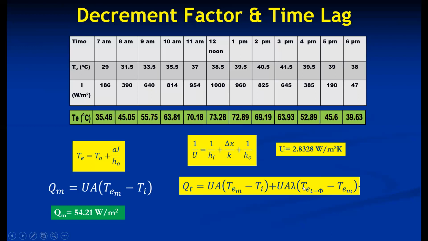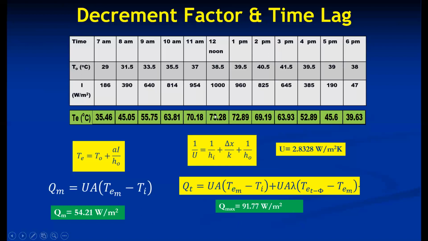If we put the value of T max, that is 73.28, the TM value is known to us, it is given in the statement itself. This value we already obtained, the first term. The lambda value is also given as 0.45. So the maximum rate of heat transfer we can calculate is 91.77.